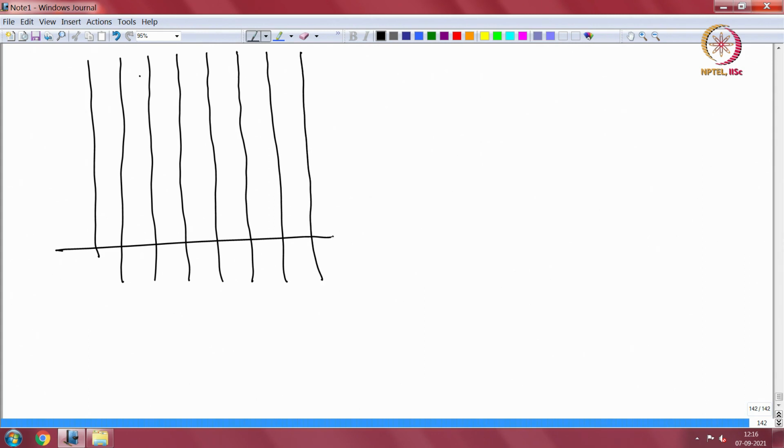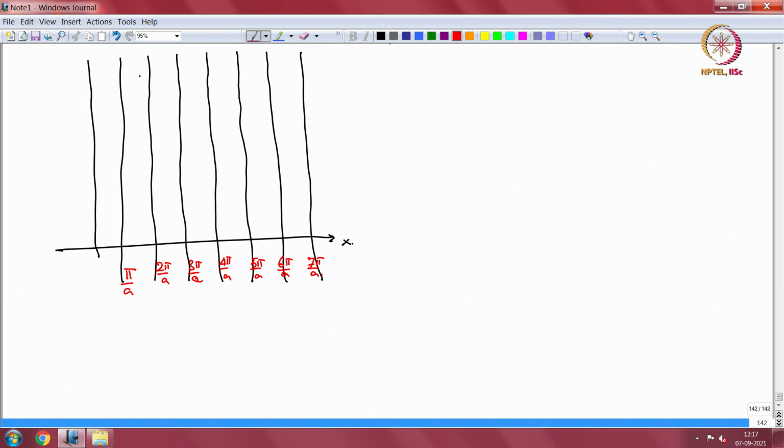So this is the x direction. Along the x direction I will choose π/a, 2π/a, 3π/a, 4π/a, 5π/a, 6π/a, 7π/a, etc. These are x wave numbers.